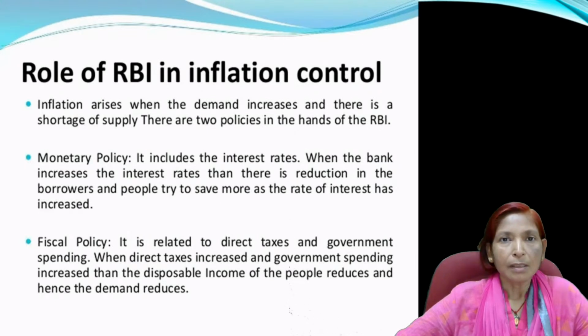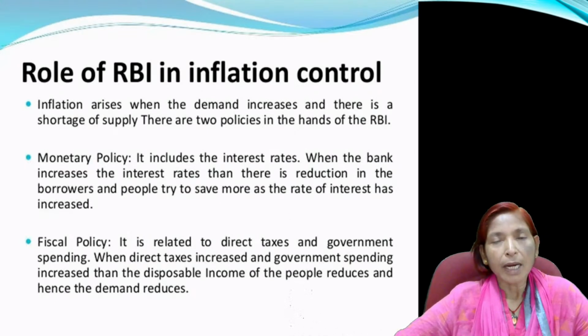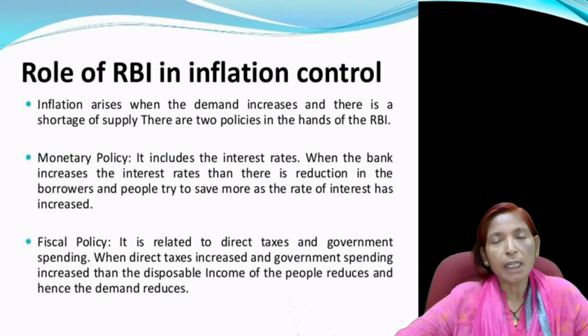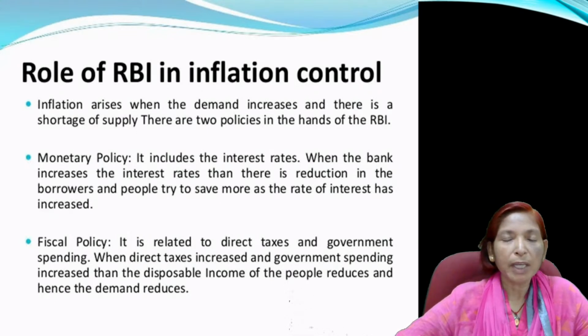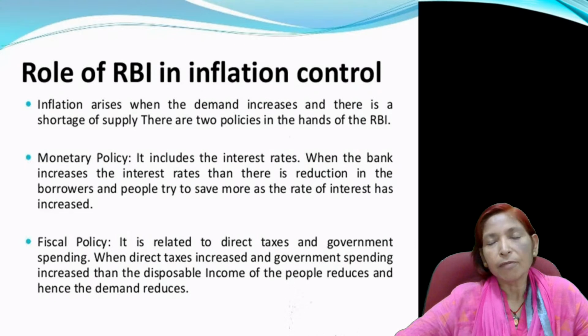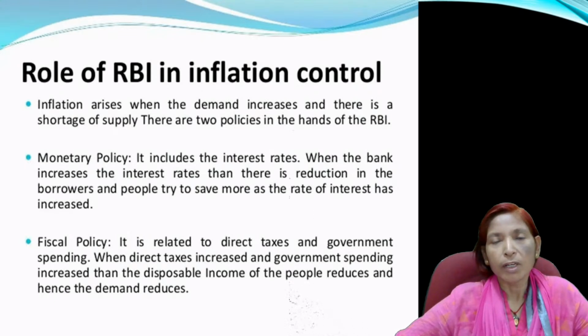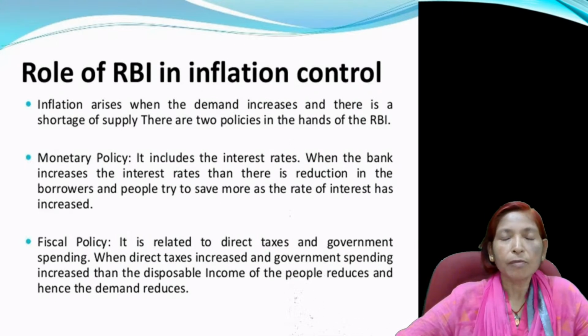What is inflation? Inflation is a persistent and continuous rise in price level. When price rises continuously, that creates the problem of inflation. And inflation, there are so many types of inflation, like creeping inflation, mild inflation, walking inflation, running inflation, galloping inflation, hyperinflation.